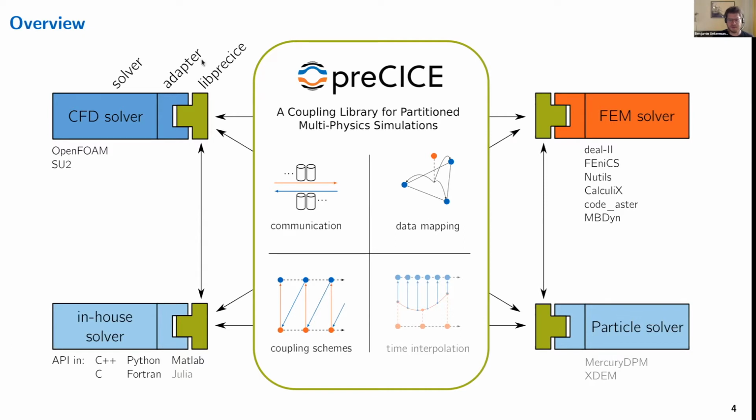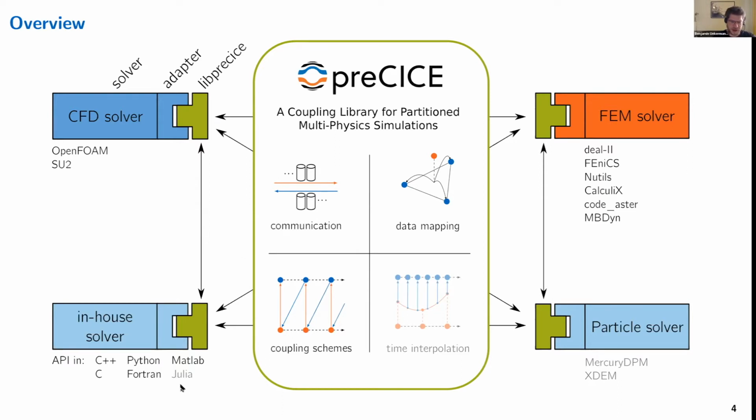So basically for the codes that are listed here below. So for OpenFOAM, SU2, for a number of finite element packages. But you can also develop your own adapter. You can couple your in-house code, and then you directly call the preCICE API, which is available in these languages here.